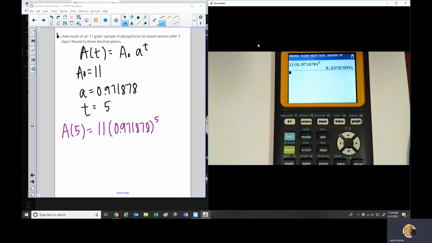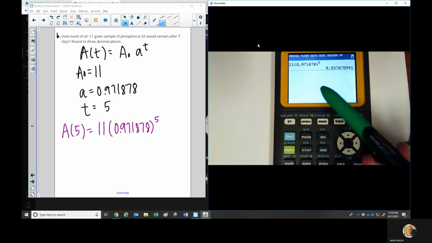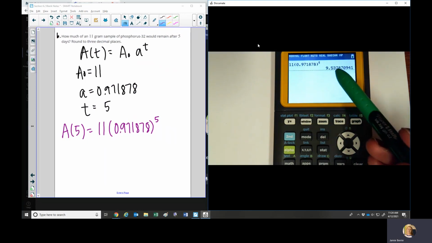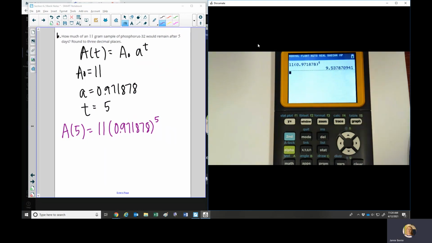All right, so there you go. After 5 days, it says round to 3 decimal places, so that's going to be 9.538 grams left after 5 days.